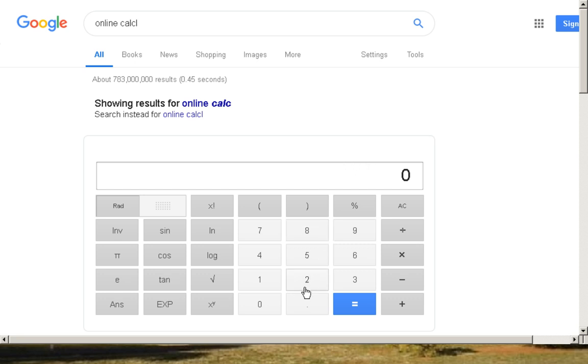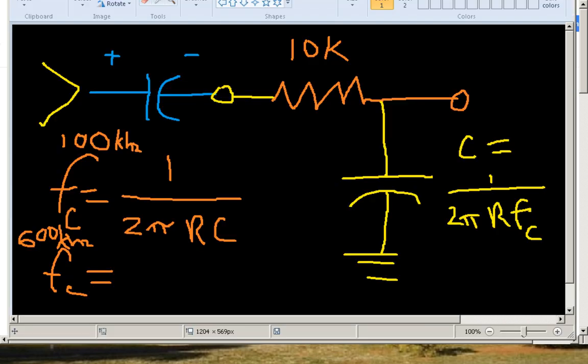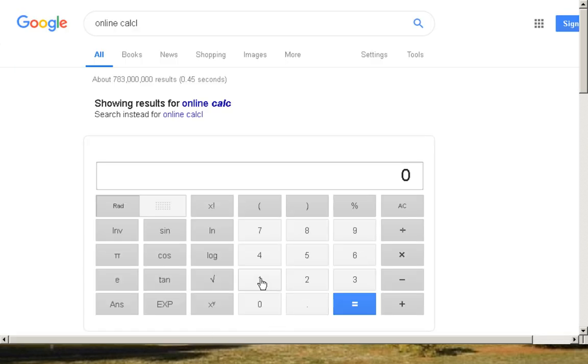So we'll do the first one first. We'll do 100 kilohertz, 100,000 times 10,000 times 2 times 3.14. And we've got that number, and how do I just invert it?